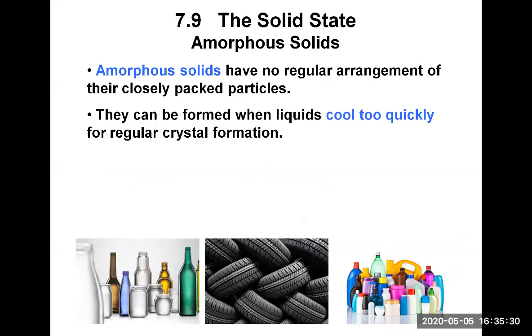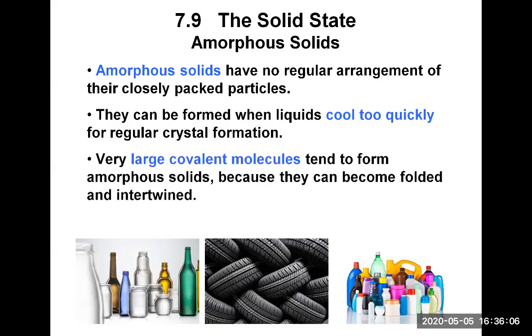Typically they will form from the same type of materials that would make crystals, but if you don't allow the liquid to cool slowly, it will not give it time to arrange the particles in an orderly fashion, and then you will have an amorphous solid. It's when liquids cool too quickly for regular crystal formation.